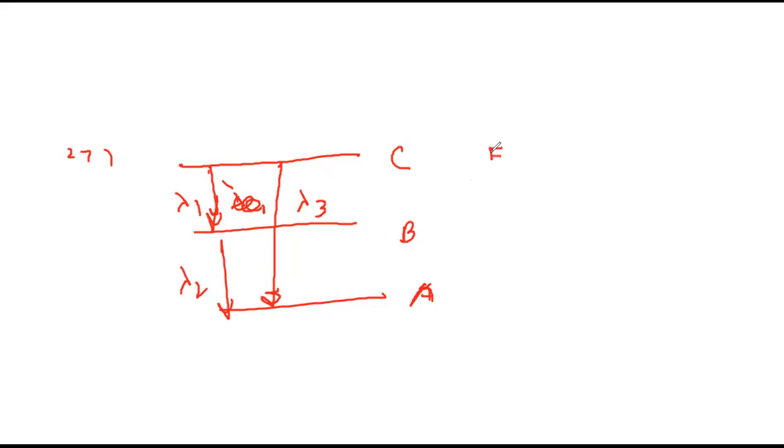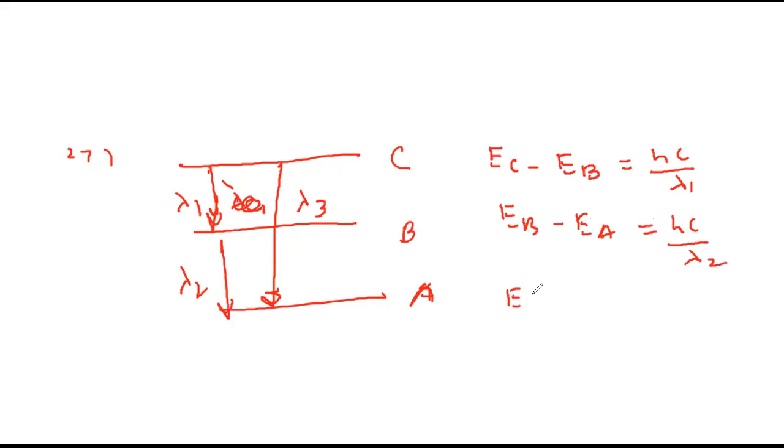When electron jumps from C to B, then difference in energy is hc upon lambda 1 emitted. Same way from B to A, it will become hc upon lambda 2. And C to A will become hc upon lambda 3.